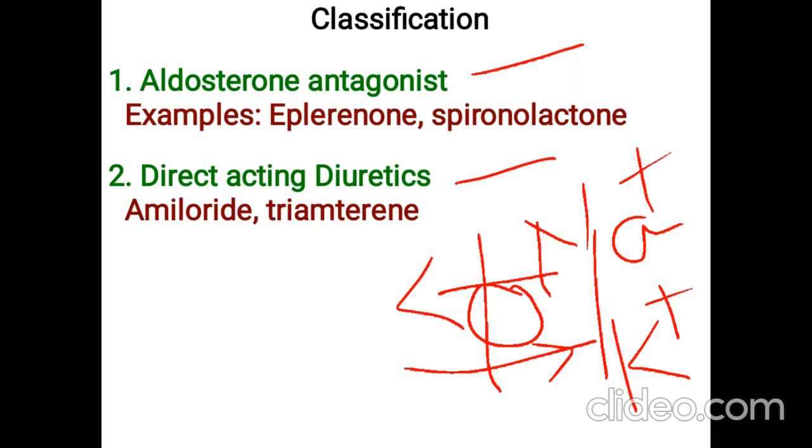There is one antiporter present, and there is another antiporter, that is the sodium proton, that is sodium and H plus. Here potassium is there, instead of that H plus ions are there. But this sodium potassium antiporter is catalyzed by, or activated by, aldosterone.